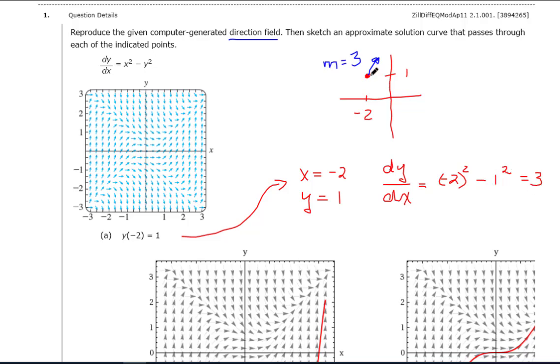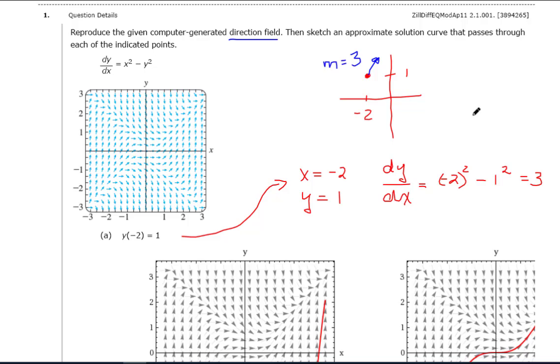So at that particular point in the plane, if I drew a small little line, I would see that the direction is going in the slope of being 3. So think of it this way. If I started off at any one of these points, the arrow is going to direct me on my particular path.